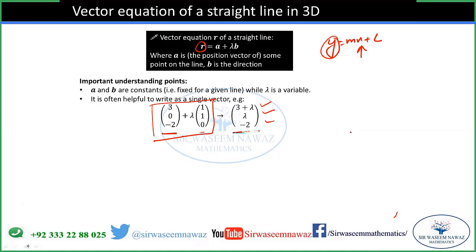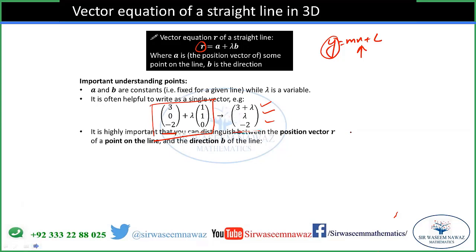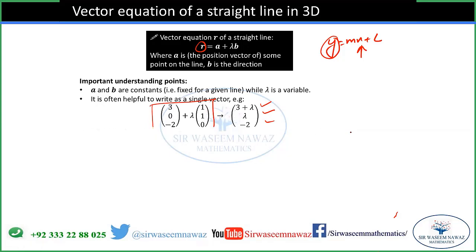And the last thing, you should distinguish what is the position vector and what is the direction vector. Here this a is your position vector, while this b is your direction vector.